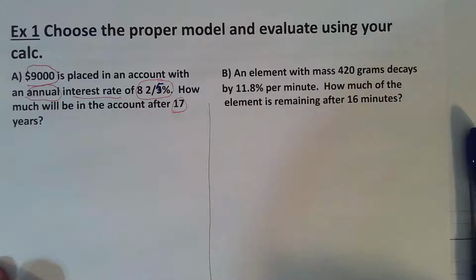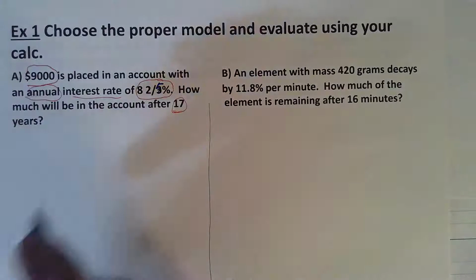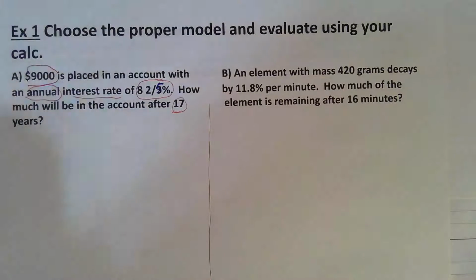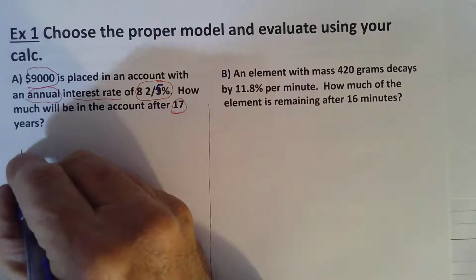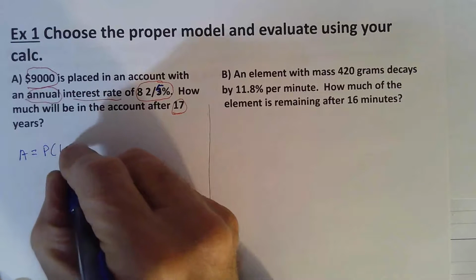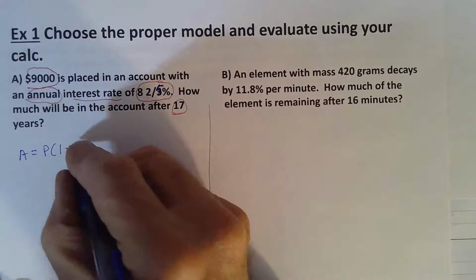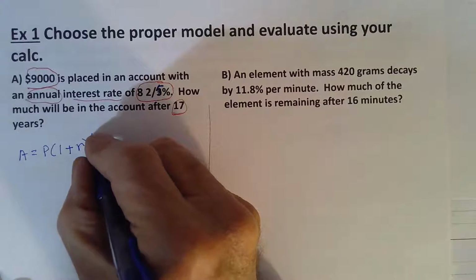So I want to do the growth formula. I'm going to go ahead and write it out. So that's going to be A equals P times 1 plus the rate all to the time power, okay?